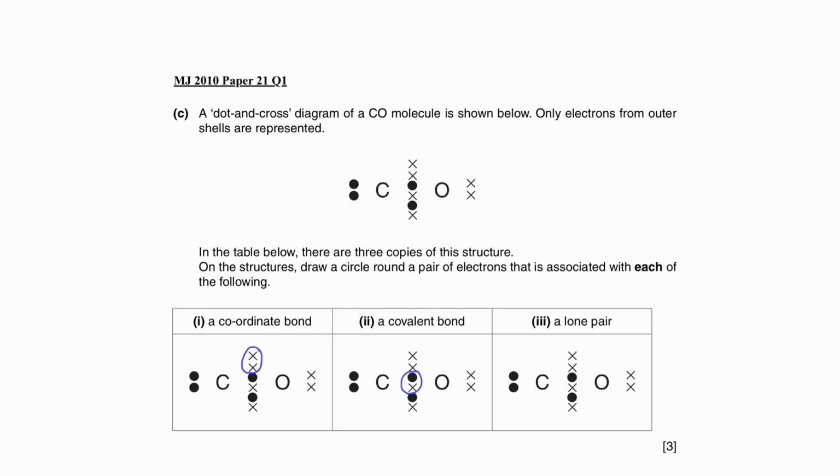A lone pair is either these two dots, two crosses for the oxygen, or these two dots for the carbon. They are not sharing. So we name this type of electron a lone pair. That's all for today. See you in the next video.